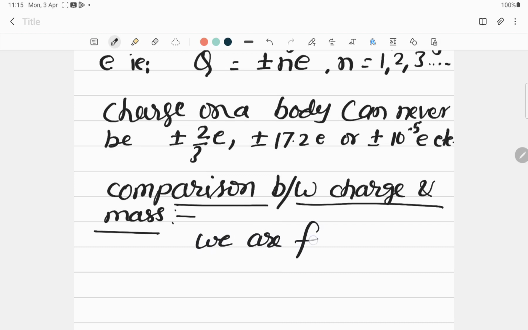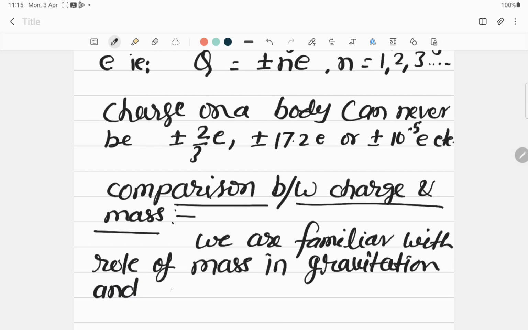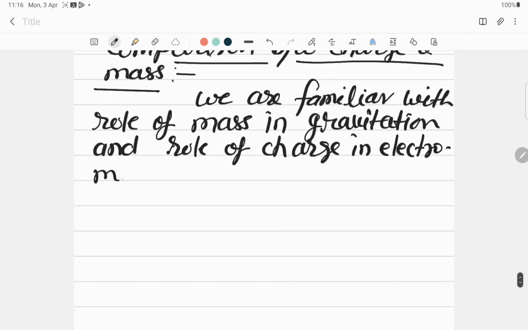We are familiar with the role of mass in gravitation and the role of charge in electromagnetism.